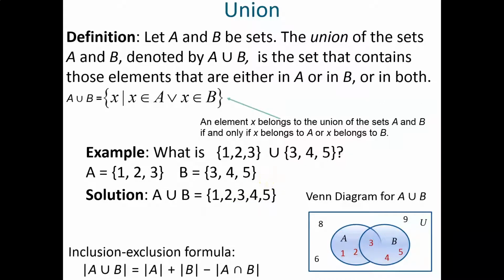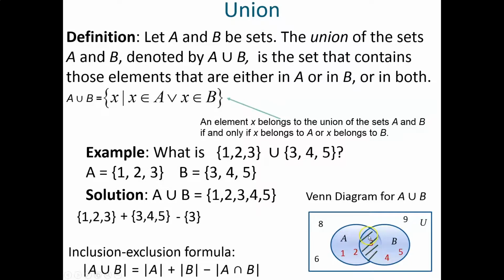Another thing I want to introduce is the inclusion-exclusion formula. So this is another way you can come up with A union B. Here I'm using cardinalities, but let's see, this is set A. So I know my set A has the elements 1, 2, 3 plus set B has the elements 3, 4, 5. And this part I didn't talk about yet. This is the intersection. So my intersection has 3.